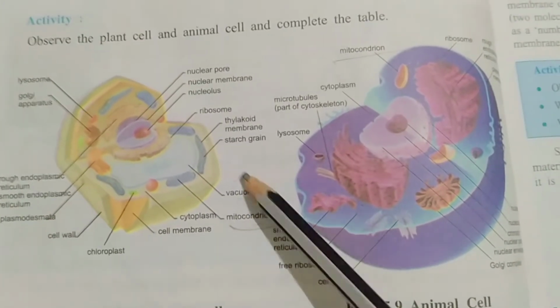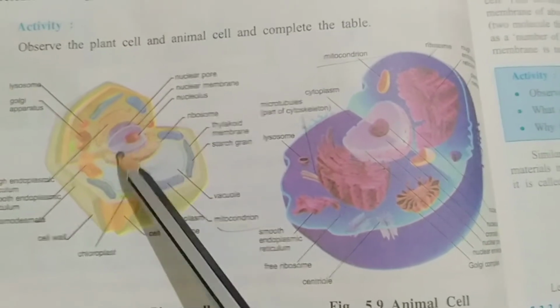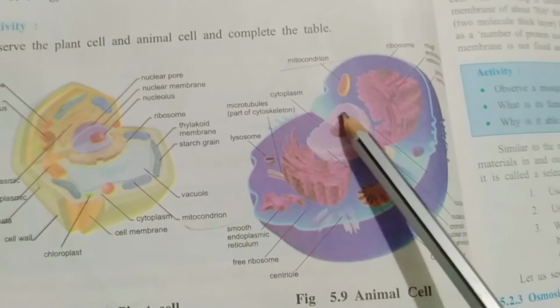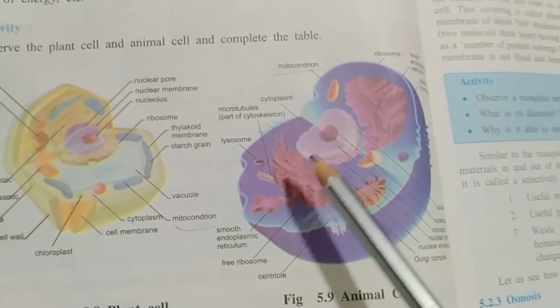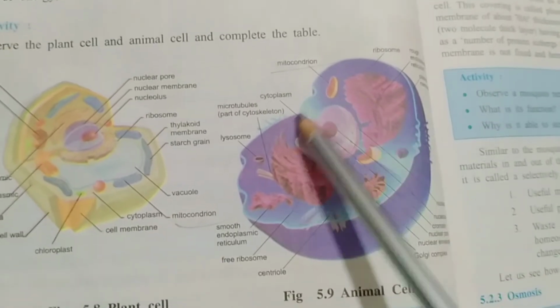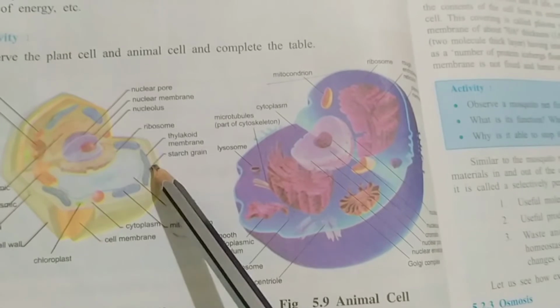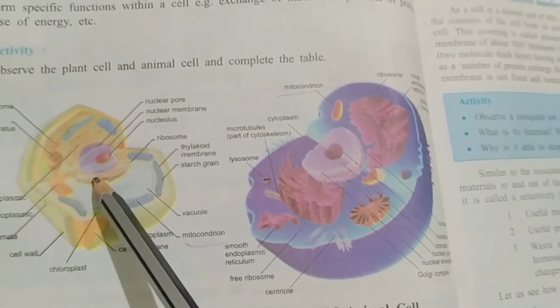This is the center of the plant cell, and this is the center of the animal cell. And these are the other organelles of the cells. In the center is the nucleus.